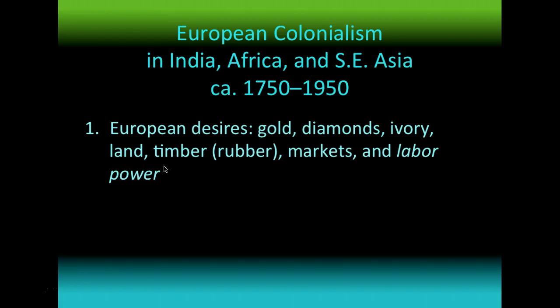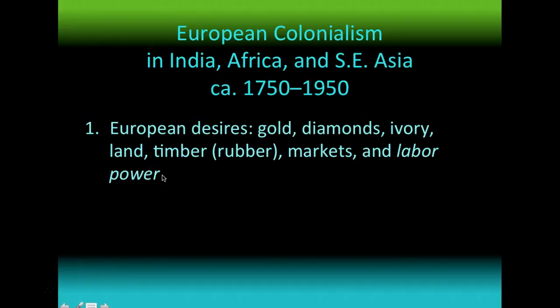a lucrative business. Also, Europeans wanted land, namely for things like fields to produce goods like cotton, and timber, namely for rubber trees to make things like tires eventually, and then markets. Markets are places to sell finished products.